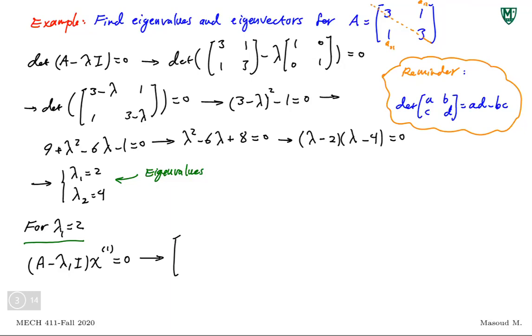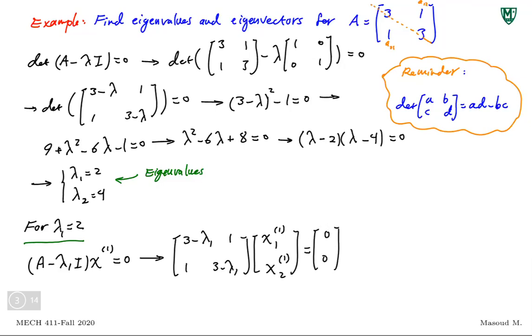A minus lambda 1 I would be [3 minus lambda 1, 1; 1, 3 minus lambda 1] times x, which is a 2 by 1 vector because the matrix is 2 by 2. This becomes x1,1, the first element, and x1,2. It's equal to, if you want to write it very completely, 0 and 0. It's a matrix operation.